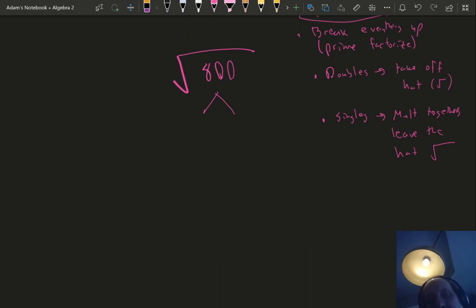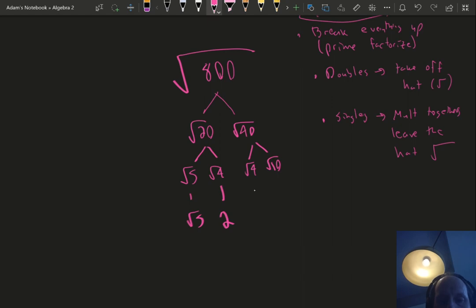Let's say you thought of 20 and 40, because 8 and 100 would be more like the other way. I'll show you that in a second. So you would break up 20 as root 5 and root 4, and 40 as root 4 and root 10.